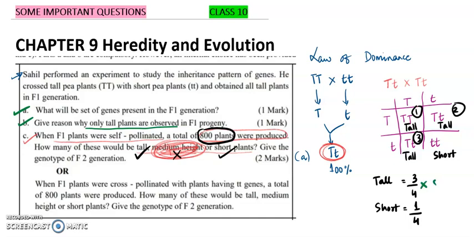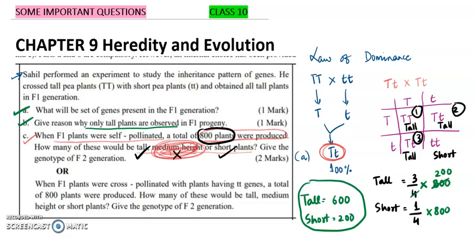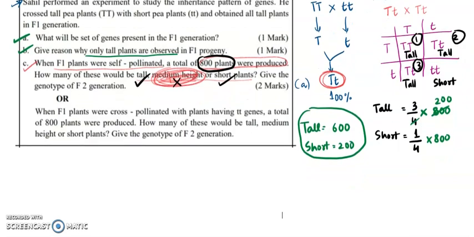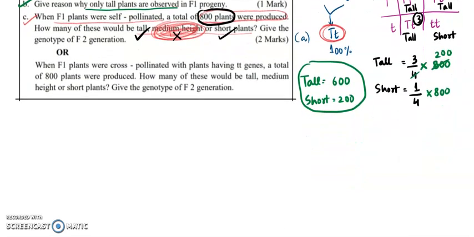We will just multiply this value by 800 to get the answer. So here we will get tall as 600 and short as just 200. This is in accordance with the 3:1 ratio which was received in the F2 generation of the monohybrid cross. These are very simple questions. You can get full marks if you apply the right logic.